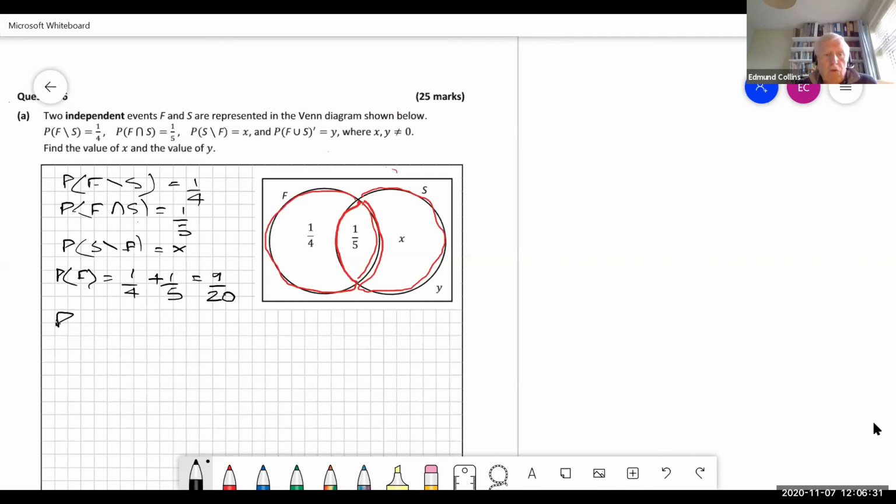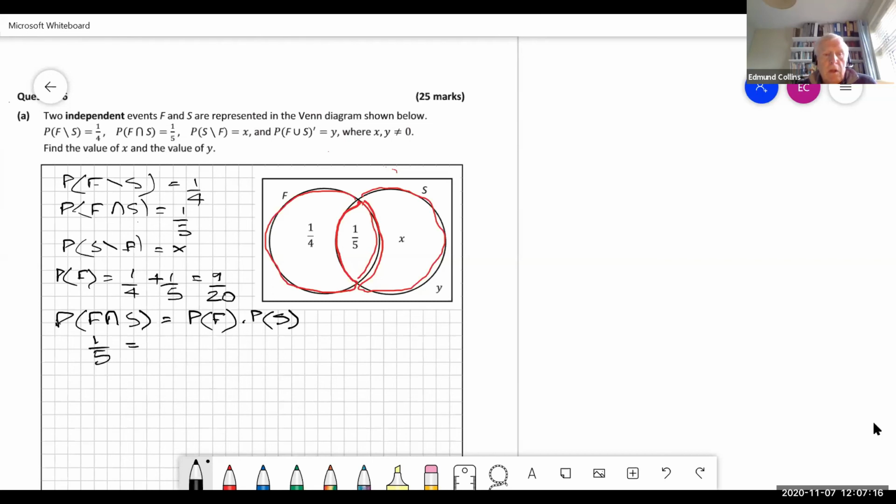So we know from our previous rule for independent events, the probability of F and S for independent events is the probability of F multiplied by the probability of S. So we know from up here that the probability of F and S is 1/5, so we can substitute that into the equation.